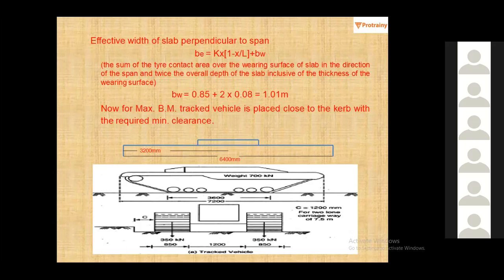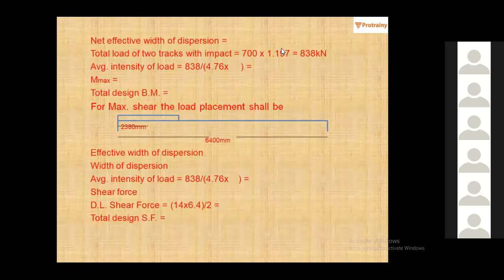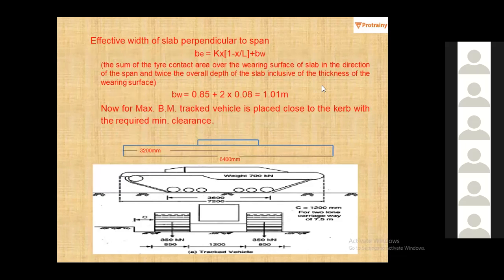What we have to find now is the net effective width of dispersion. What will the net effective width of dispersion be? First of all, the effective width of slab perpendicular to span, write it down, half of 5.56 meters.